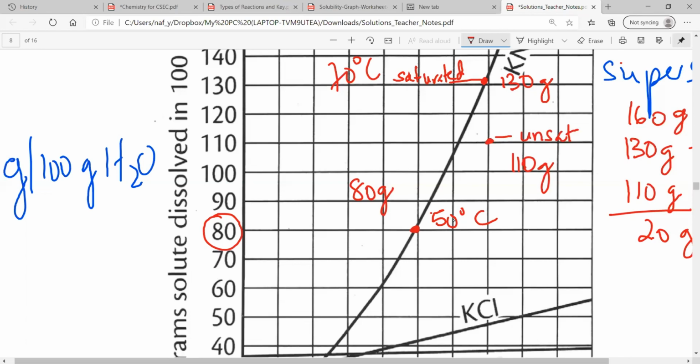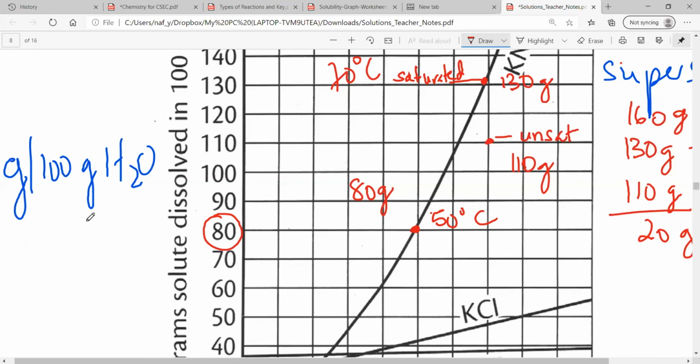At a cooler temperature, I should not get the same amount of salt being dissolved. I'm going to have less being dissolved. So if I add the amount that can be dissolved at 70 degrees, which is 130 grams, and I lower the temperature, it means that some will be left undissolved.